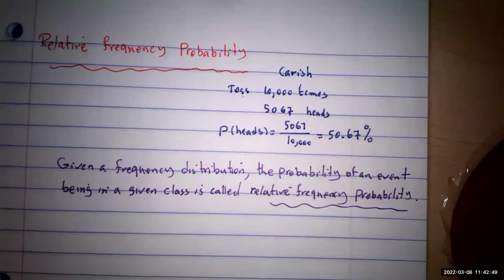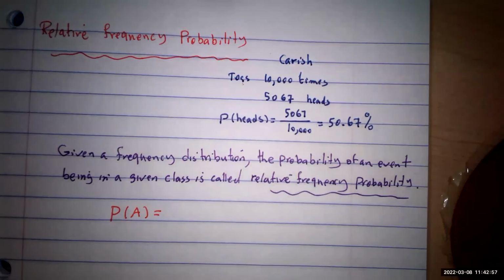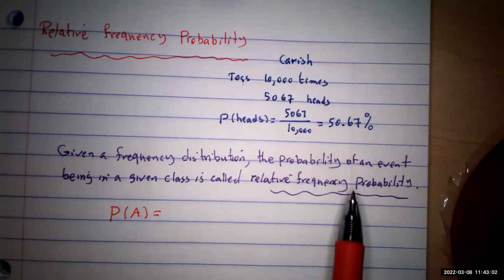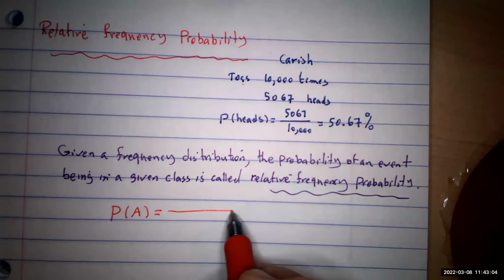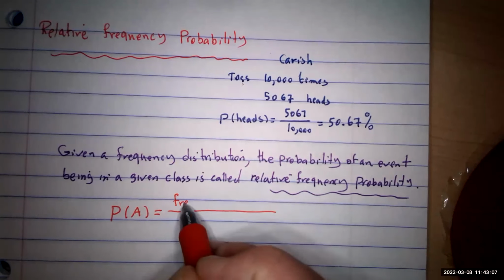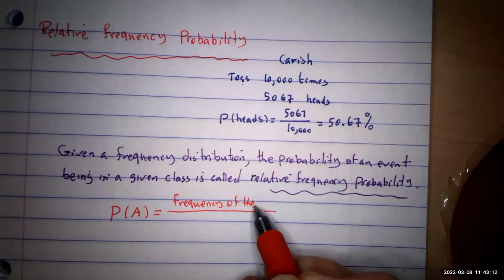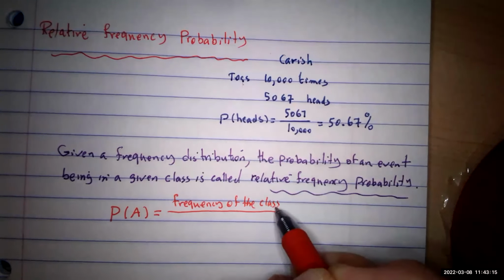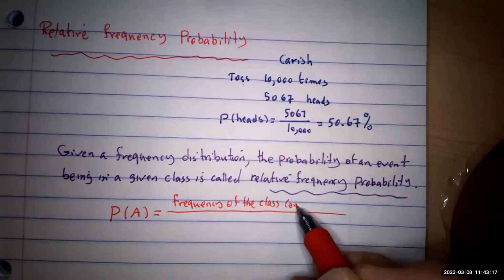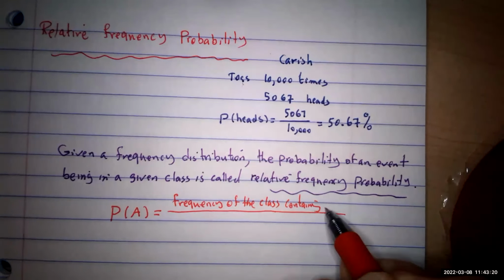So the formula is the one that we did before. The probability of having A in that class is going to be equal to the frequency of the class containing A divided by the total frequencies.